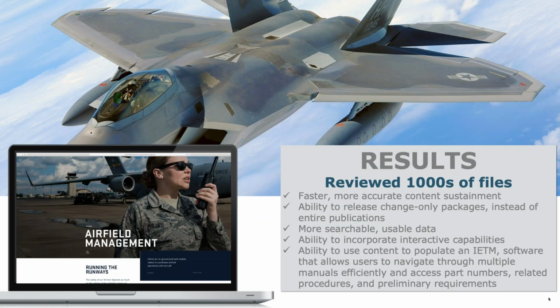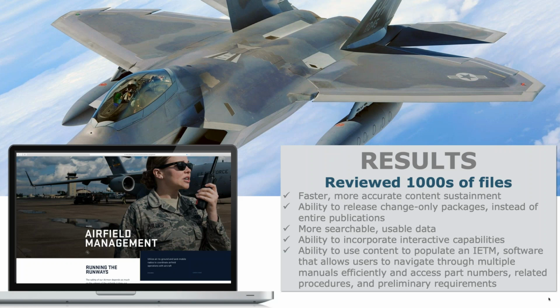We covered already some of the benefits of automation, but specifically in this case study, the automated QA plan, besides finding issues that would have never been found if they were done manually, gave the client a faster and more accurate content sustainment, because if the converted data is of high quality, both tagging-wise and in content-reuse-wise, the sustainment becomes a lot easier.